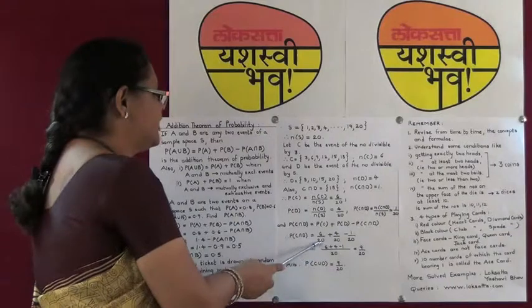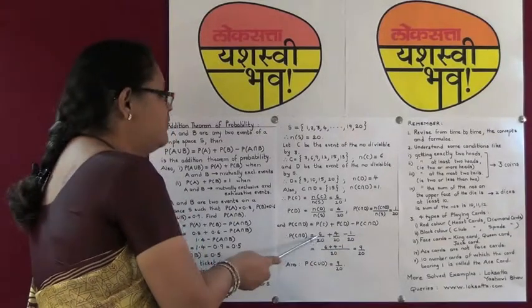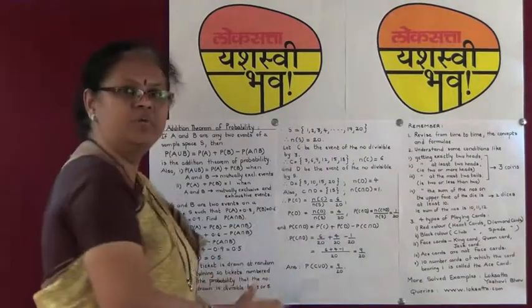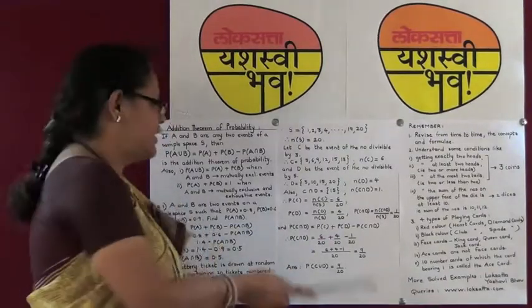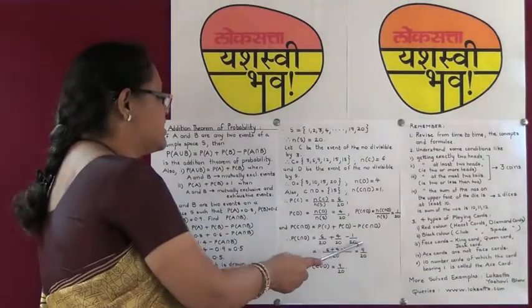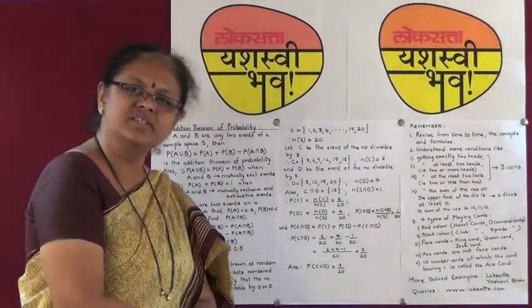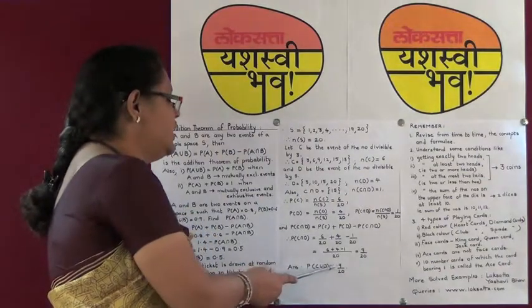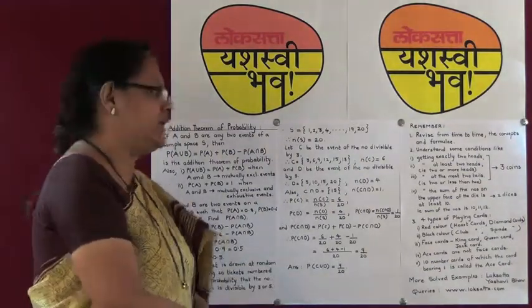Now, as we have seen, 20 is the common element in the denominators. We can directly add up the numerators. And so we get 6 plus 4 minus 1 in the numerator. That would give us 9 upon 20. And hence our final answer would be probability of C union D is equal to 9 upon 20.